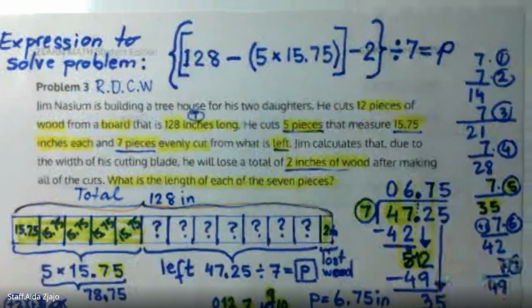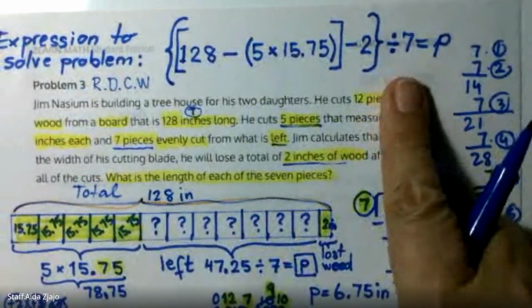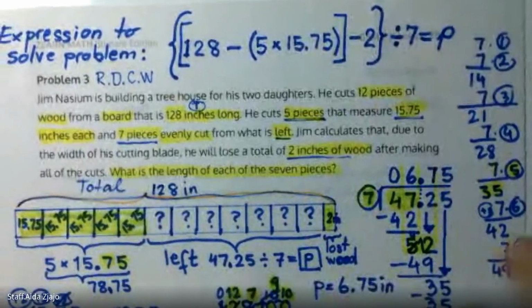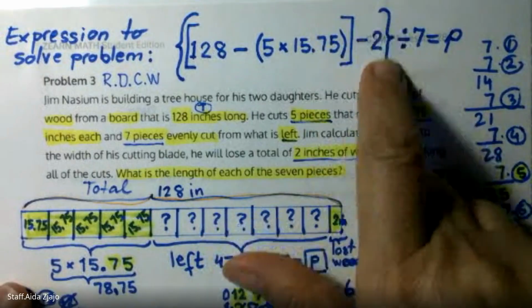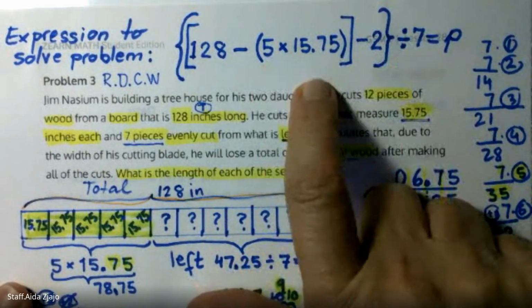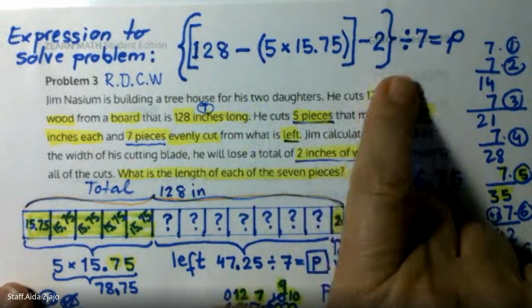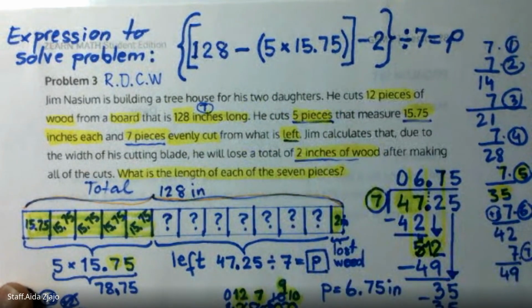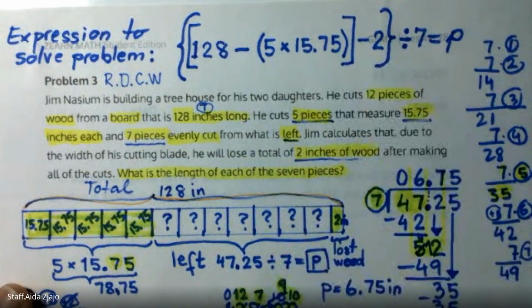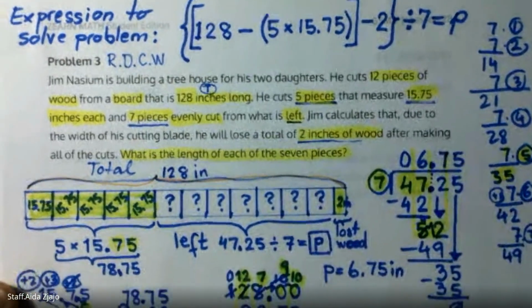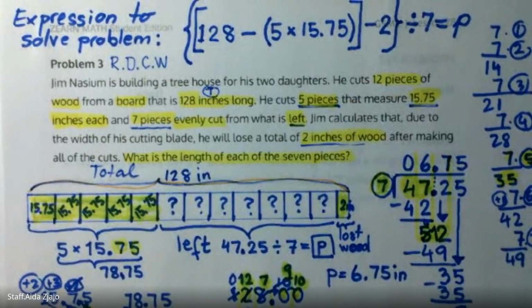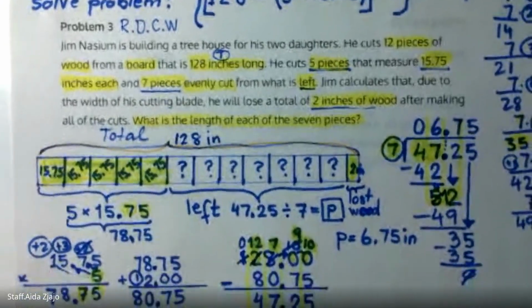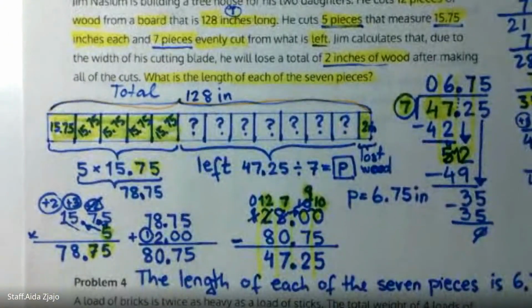So this is the expression for this whole problem, using parentheses, brackets, braces, and all the operations, multiplication, division and subtraction, that we were using in this problem. That could be one way to think.